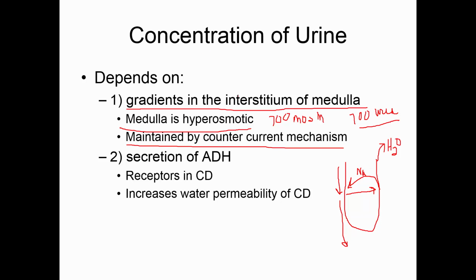What I want you to realize is that because you have differential transport characteristics on either side of the loop of Henle, you've got a gradient. And because you've got a gradient and a countercurrent, you've got a concentrated medulla. In addition, you've got a vasa recta that can recirculate sodium and water.